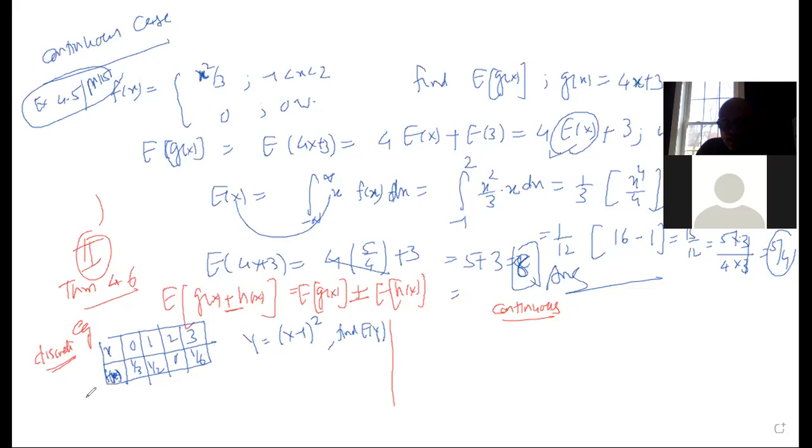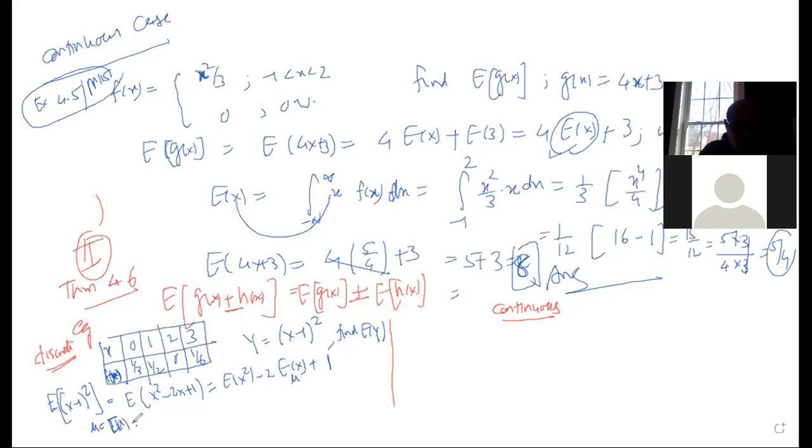I can write the same thing as the expected value of (x minus 1) squared, which is equal to the expected value of x squared minus 2x plus 1, which by the previous theorem is the expected value of x squared minus 2 times the expected value of x, plus the expected value of 1, which is 1 itself. So I need to find mu and the expected value of x squared.